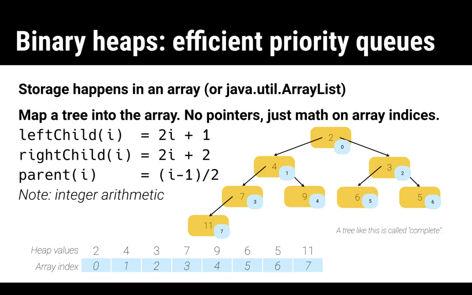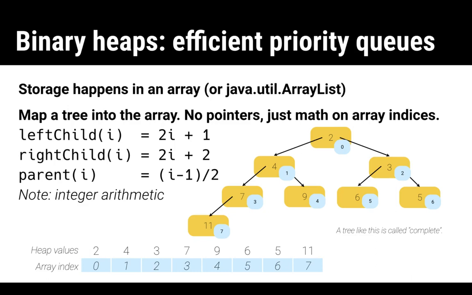The trick is that it's a tree without pointers. So rather than having a node with a left pointer and a right pointer and having to store all those pointers and follow pointers, instead it's just an array. And we're going to map from array indices to different array indices when we want to navigate this funny tree.